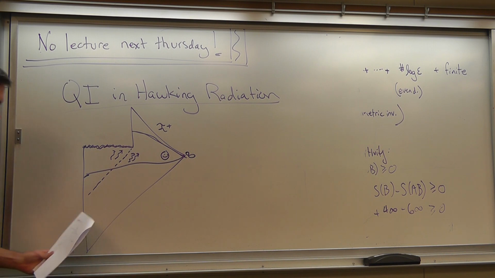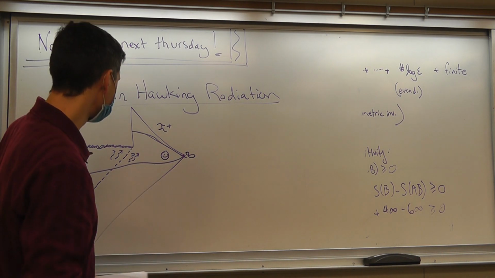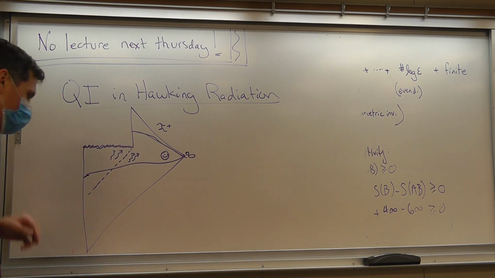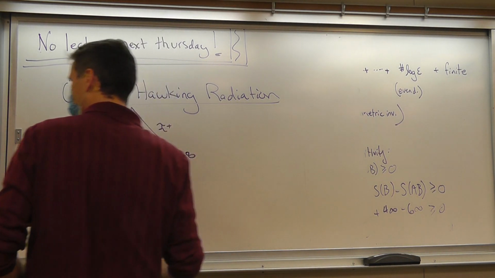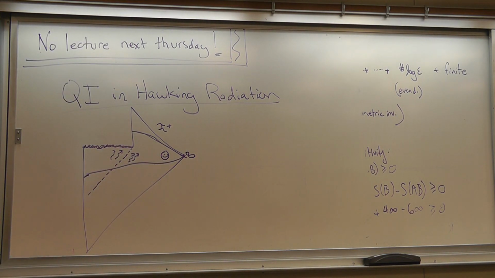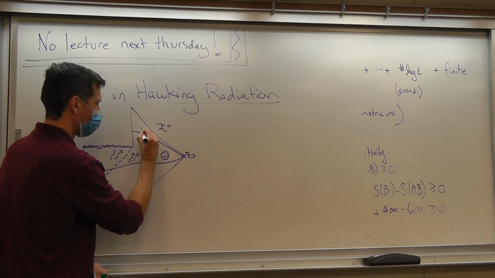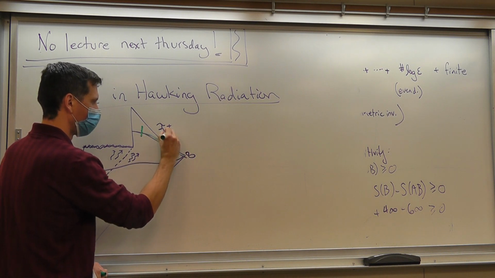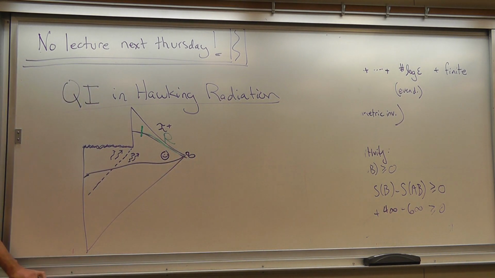And the way we're going to think about it is in terms of the entropy of the radiation. Okay, so to think about the entropy of the radiation, what I want to do is pick a region out here that I'll call R. So R is for radiation.